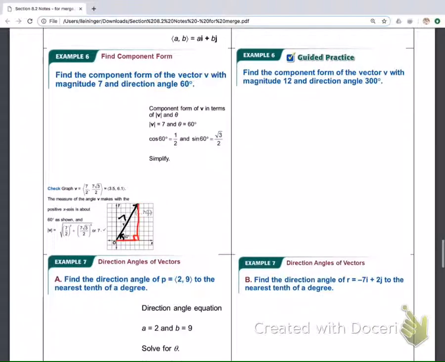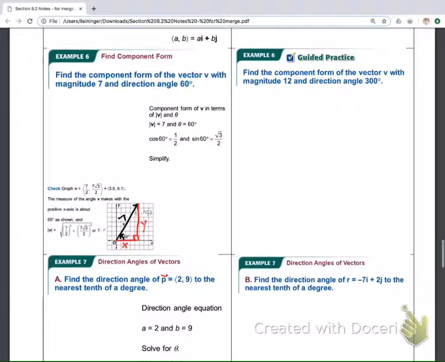Component form is literally the x, which is the bottom side of the triangle, and the y, which is the other side. All I have to use then is sine, cosine, tangent to figure this out. So if I wanted to find the x component from that 60-degree angle, is that the opposite, adjacent, or hypotenuse?